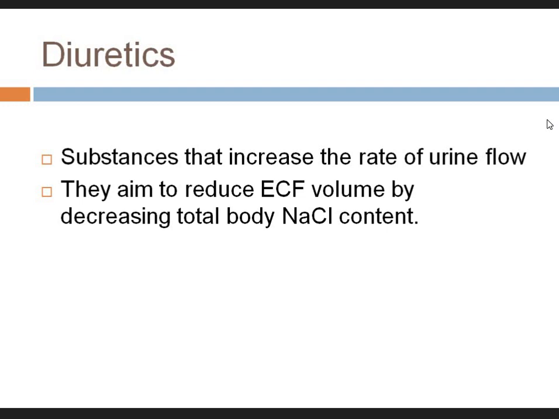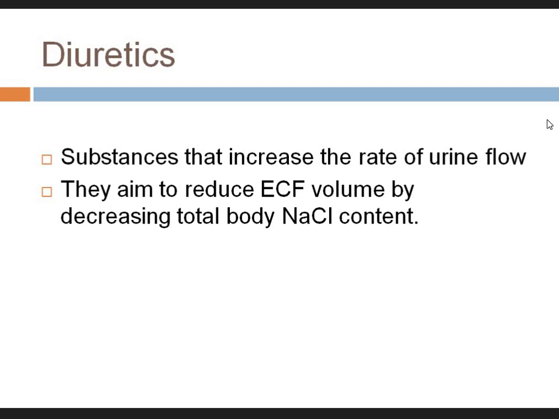Now, diuretics are the substances that increase the rate of urine flow. In various conditions of the body, in various diseases, we need to increase the rate of urine flow, to increase the excretion of water from the fluid. In those conditions, diuretics are the drugs used to increase urine flow.